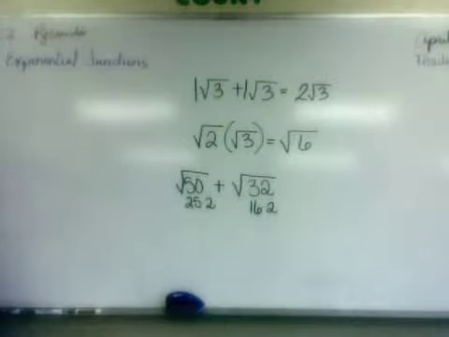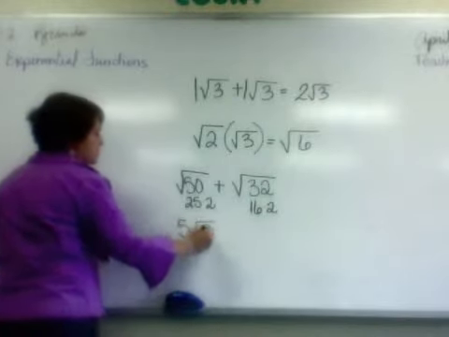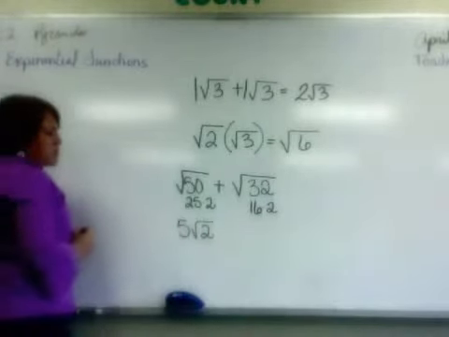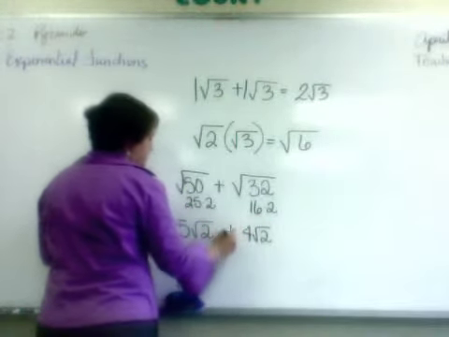Our laws of simplifying radicals state that you cannot have a perfect square under a square root, because we can actually simplify that. The square root of 50 simplifies to 5 square roots of 2, and the square root of 32 simplifies to 4 square roots of 2.